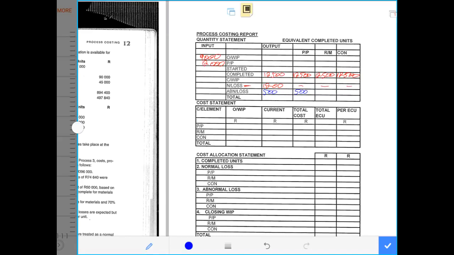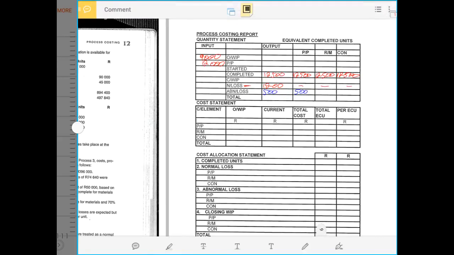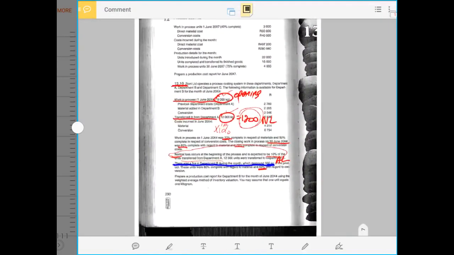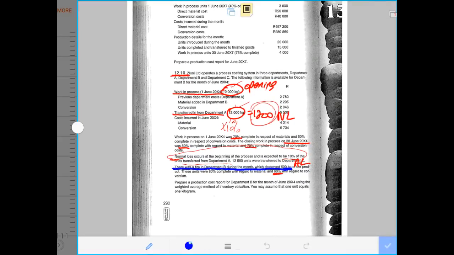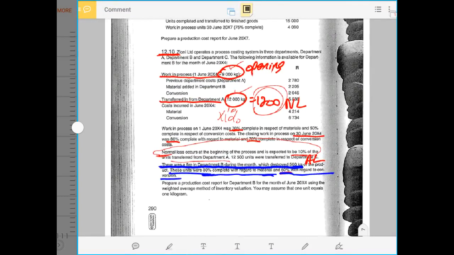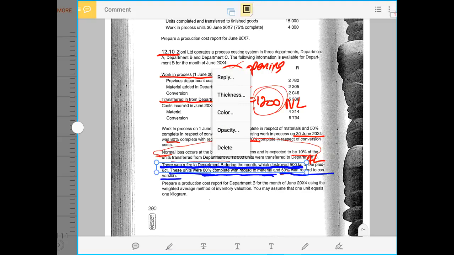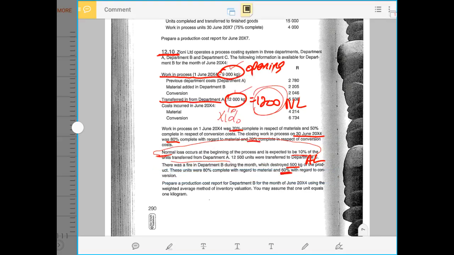However, now with regard to raw material, we have to allocate only a portion of the raw material, because the units that were damaged were 80% complete in terms of material. They told us these units were 80% complete with regard to material and 60% complete with regard to conversion cost. So it's only 80% that will be allocated to raw material with regard to this loss, and 60% will be recorded to conversion cost concerning this abnormal loss.